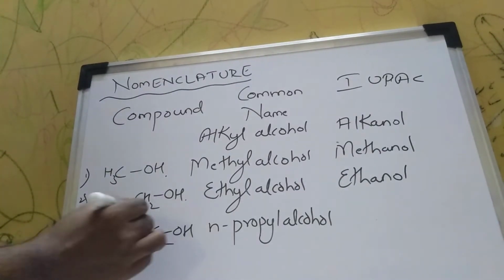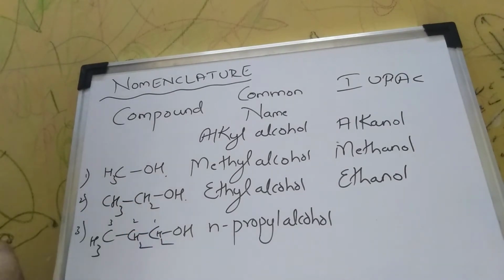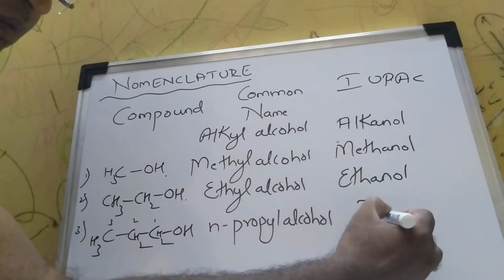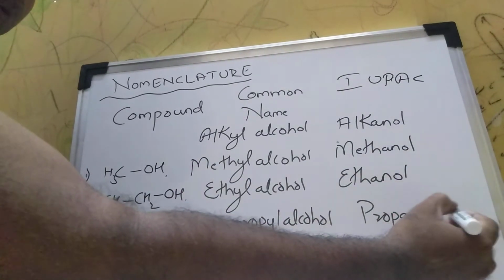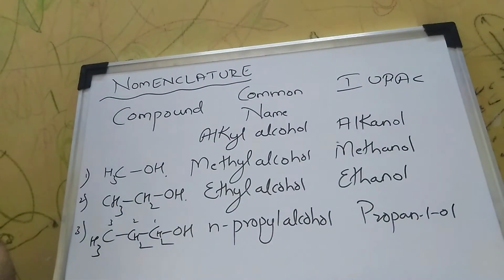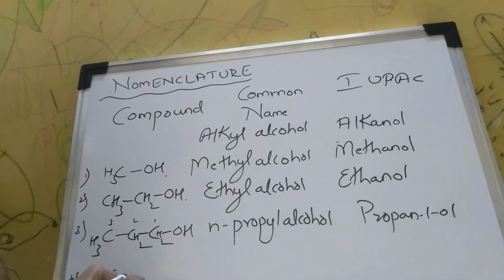The IUPAC name 1, 2, 3 is propan, which is attached to first carbon atom, propan-1-ol. Now the OH is attached to the middle carbon atom.